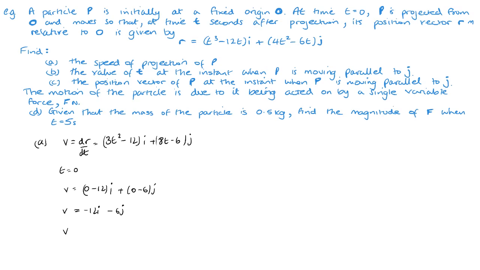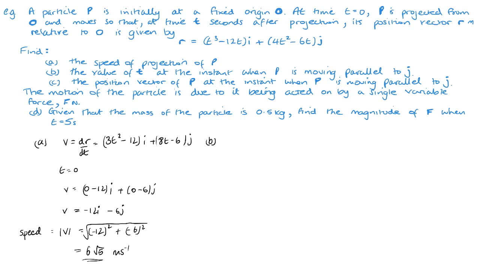We want the speed, so the speed is the modulus of the velocity. That is minus 12 squared plus minus 6 squared, square rooted, which is 6 root 5 meters per second.